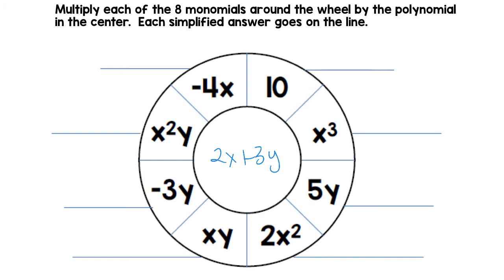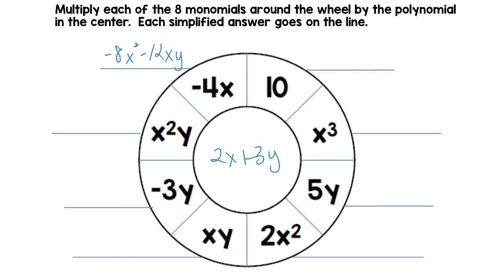Let's start up here with negative 4x. Negative 4x times 2x is negative 8x squared. Negative 4x times plus 3y is minus 12xy. Get the picture? Keep on going around the circle.